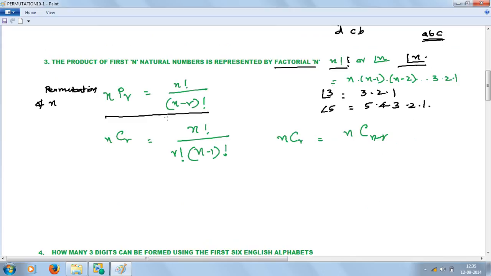Permutation of n elements taken r at a time is equal to factorial n divided by factorial n minus r.